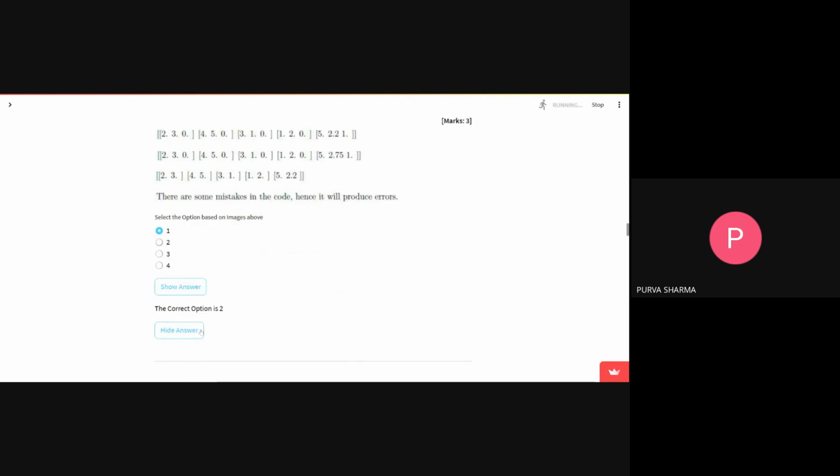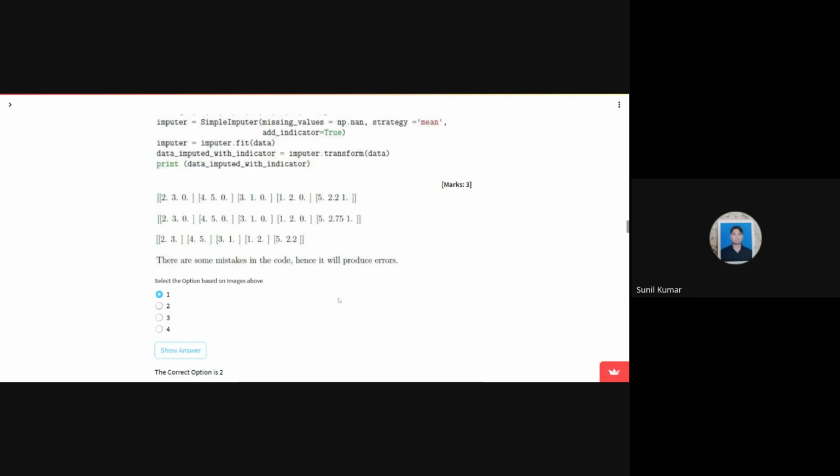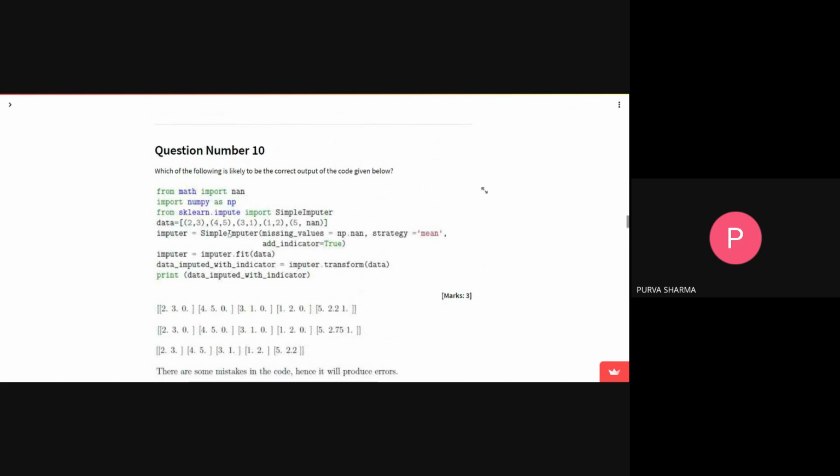Ma'am, can you please explain it? I'm not getting it. See, we have data here in which the last row has a missing null value. So we have strategy equals mean, which means that in place of the null value, we'll be imputing the mean of this column, which is 2.75. So the mean of 3 plus 5 plus 1 plus 2 divided by 4.